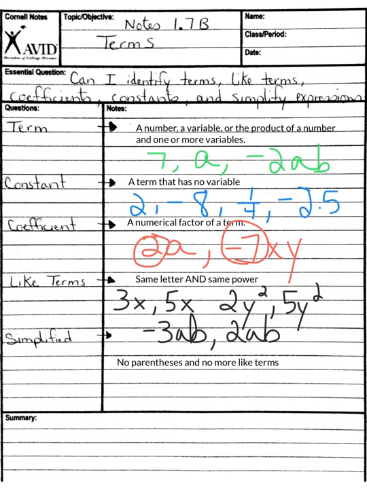So I want to go over an example with you, and I want us to identify all parts here. This would be similar to what you would possibly, I'm going to star it, find on a test question.